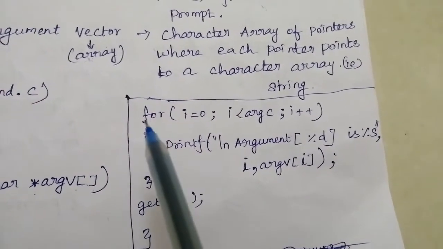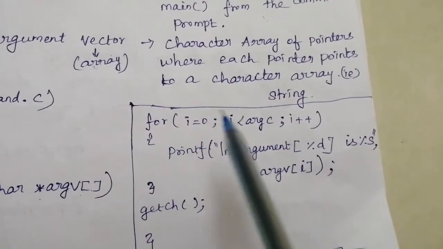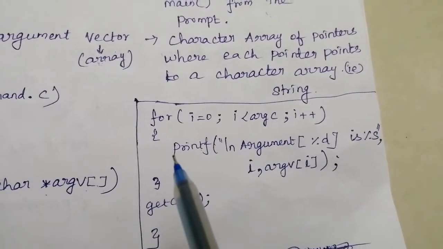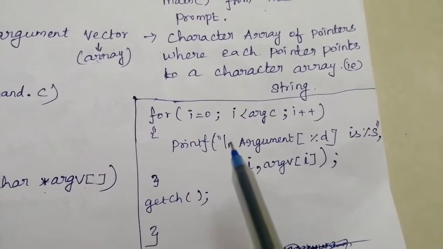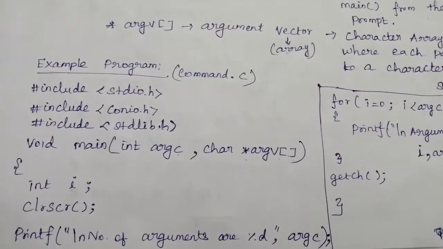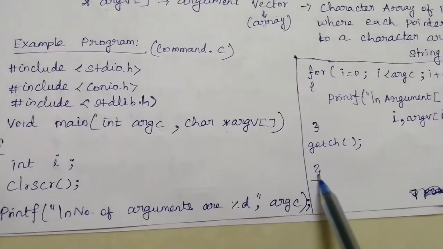These four statements will be used for displaying the list of strings on the screen. Next you can provide getch. Then close the curly braces to denote the end of the program.